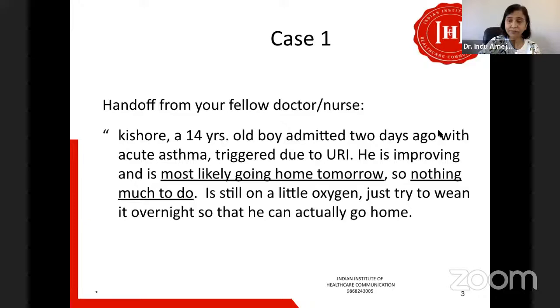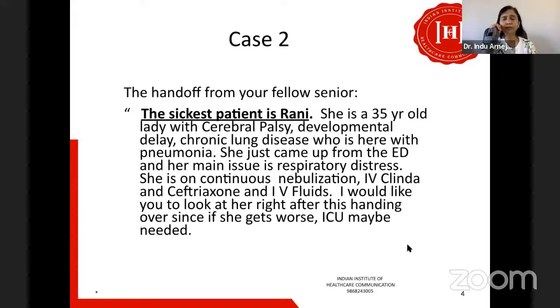Nothing much to do. What about this one?